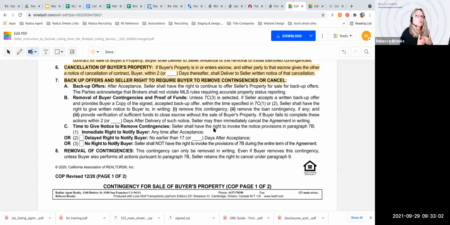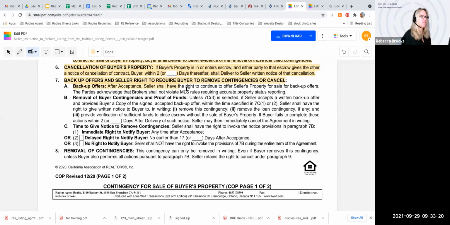But that means that this seller wants to continue to market this property in order to get a backup offer, because maybe they'll get a backup offer that won't have a contingency of sale. And so this is where you're going to set forth how the seller is going to be allowed to do that.